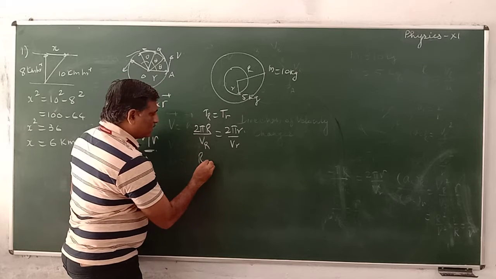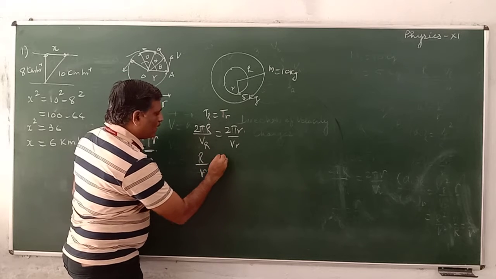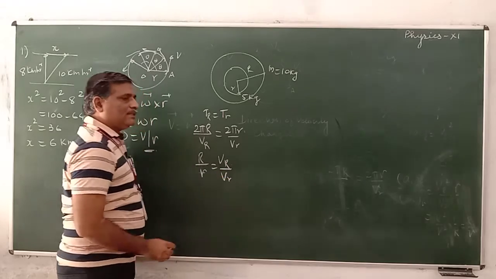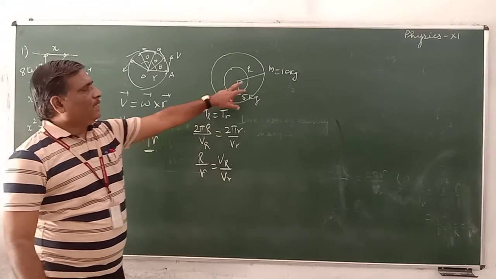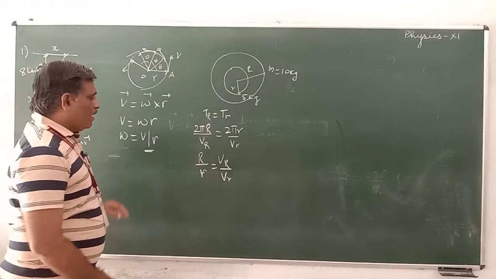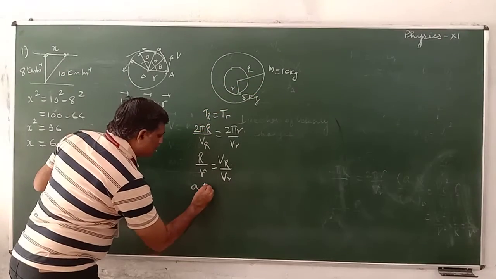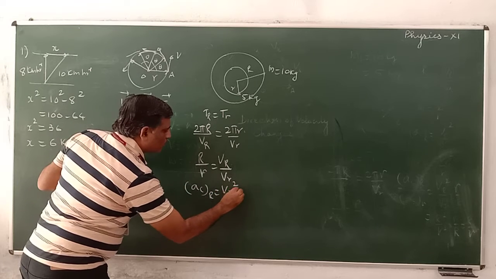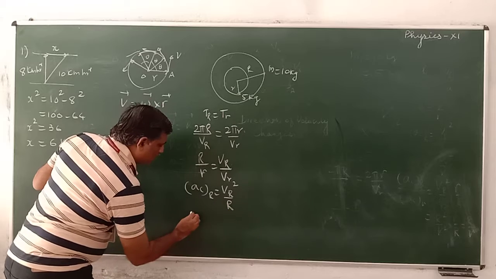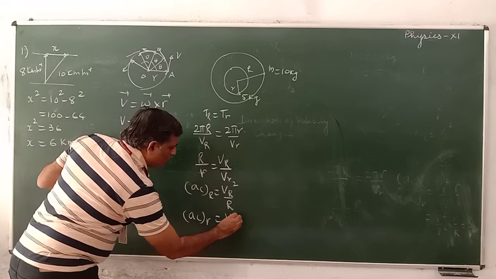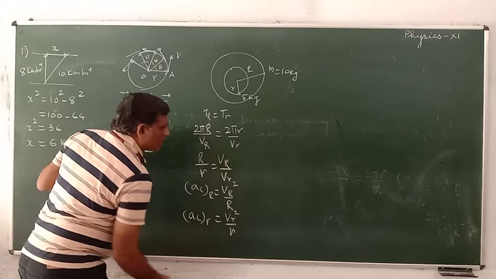So capital R by small r is equal to VR by Vr. So velocity in the orbit with greater radius is greater. Acceleration is asked. AC for R is equal to VR square by R, AC for small r is equal to Vr square by r.